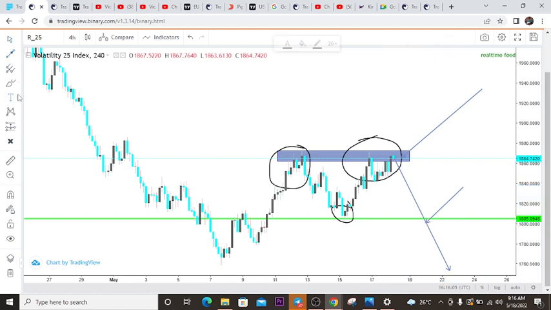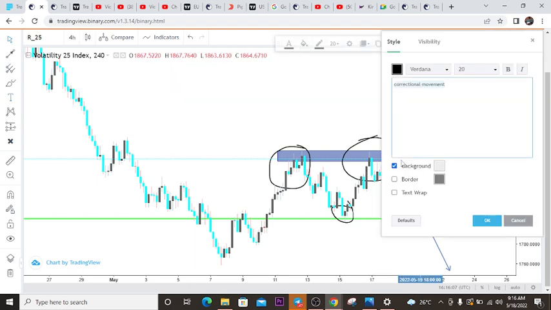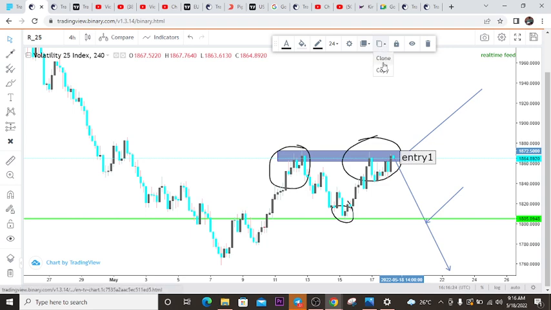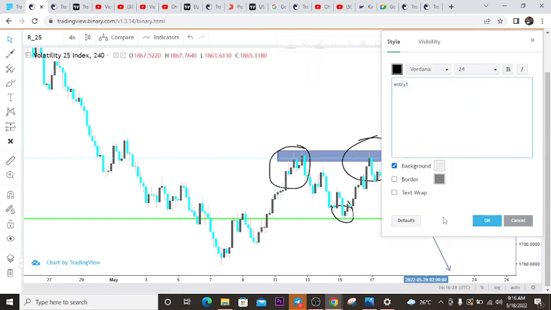That should be our entry one, that should be the first place we are expected to enter this trade. Now here, the second place we are supposed to enter is here. After a breakout from that zone, you now enter your trade, guys.